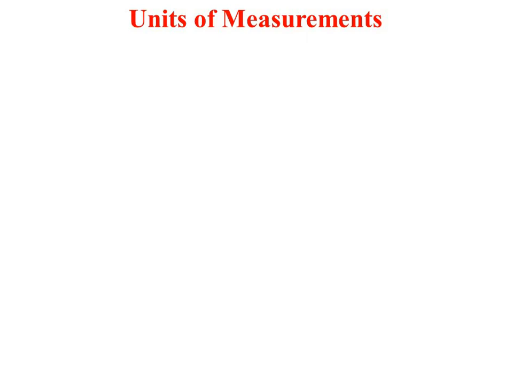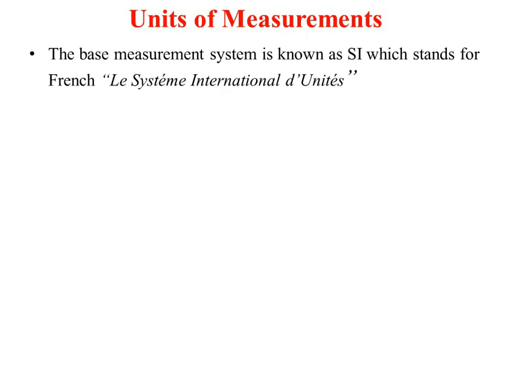There are certain units that are universally accepted by the manufacturers, as well as by the scientists and the researchers. So we need to understand what kind of units of measurement there are. The most important is the SI unit. The basic measurement system is the SI unit, which stands, in French, for Le Système International des Unités.